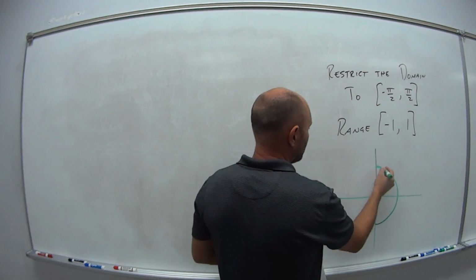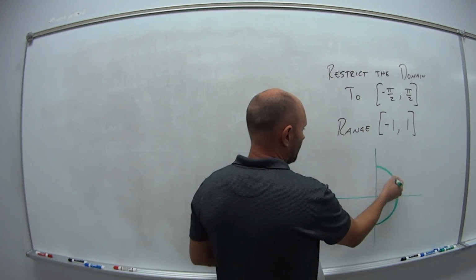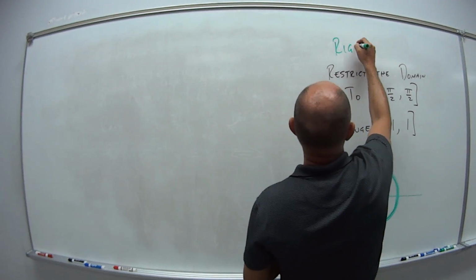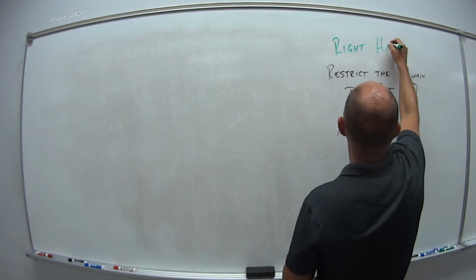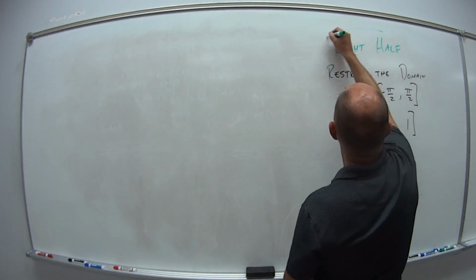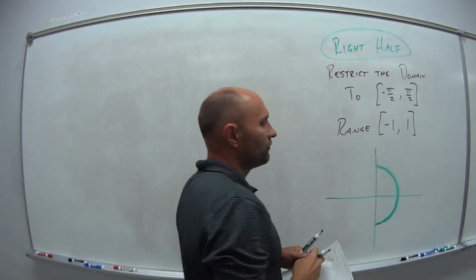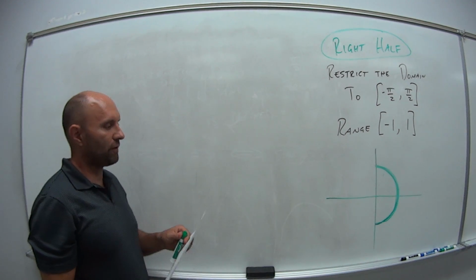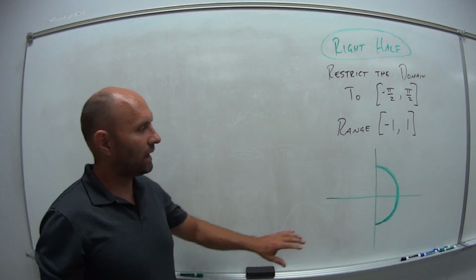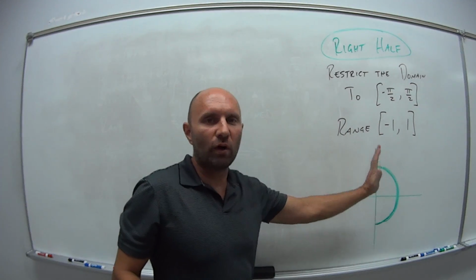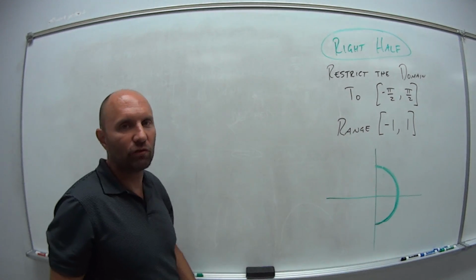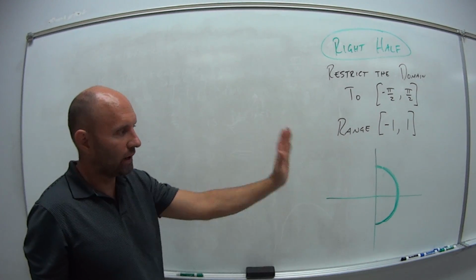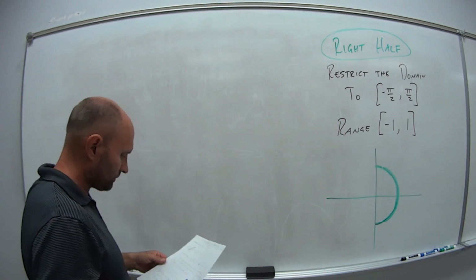It's the right half of the unit circle. If we were doing problems that involve the inverse sine function, our final answer has to end up somewhere on the right side of that unit circle, or we have the wrong answer. It has to fall in that portion.